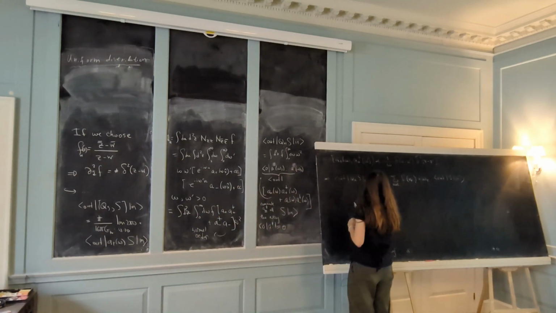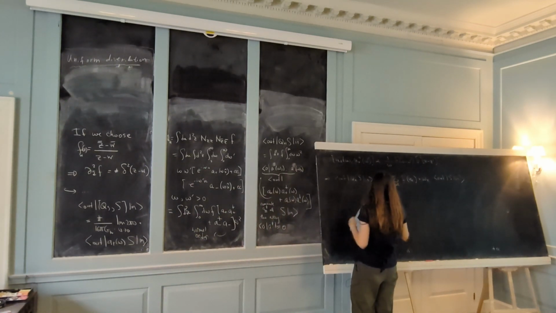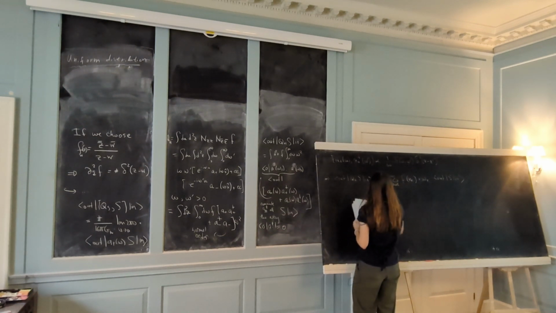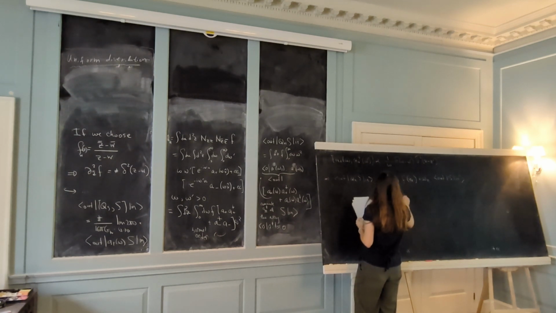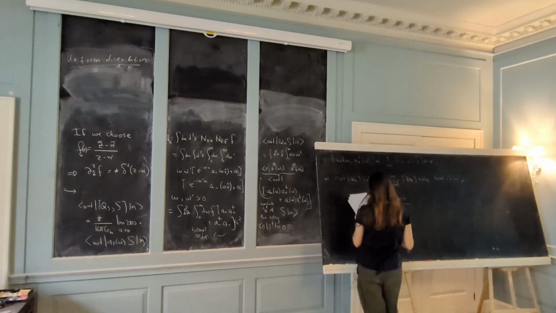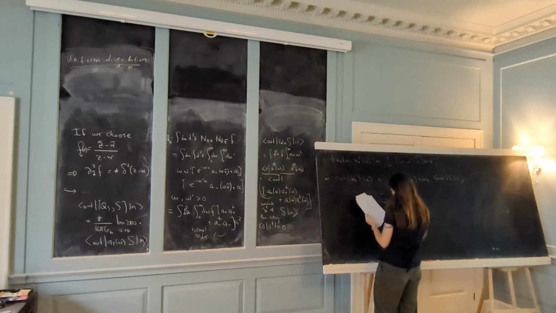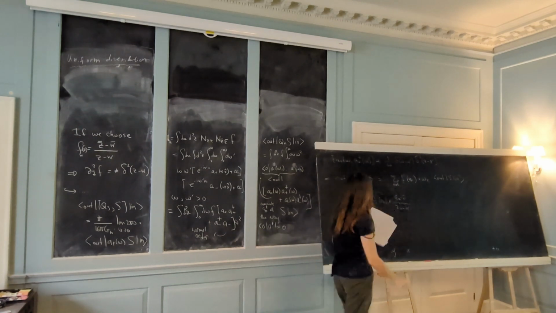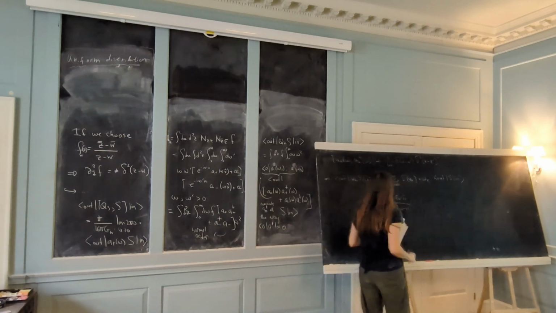And now for F being the choice before, so F of zk was zk bar minus w bar divided by zk minus w, right? This is the function we considered before, and it was parameterized, remember, by w.